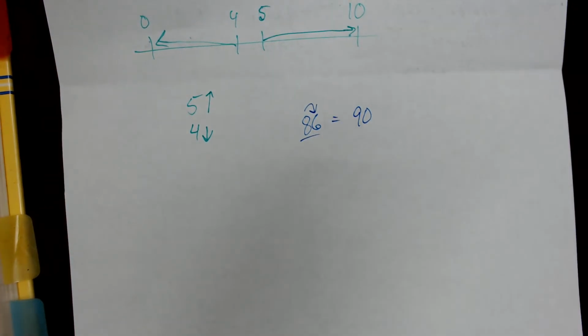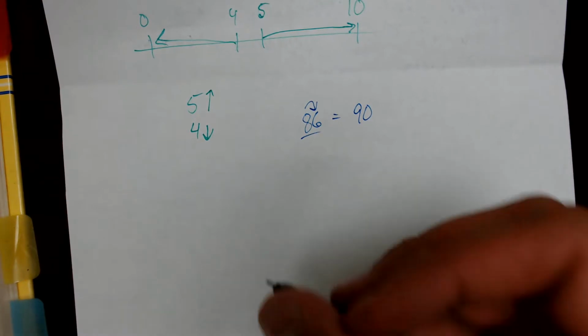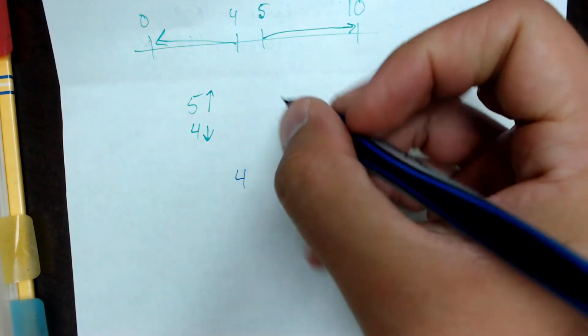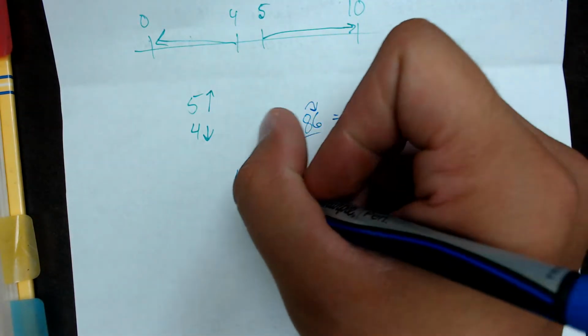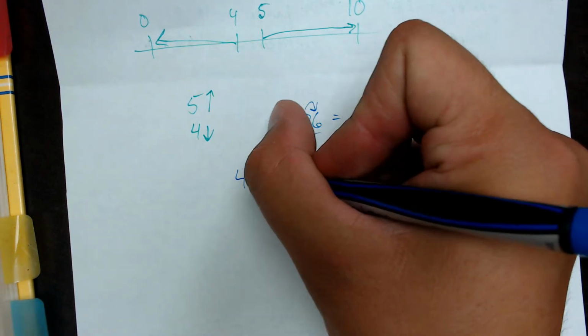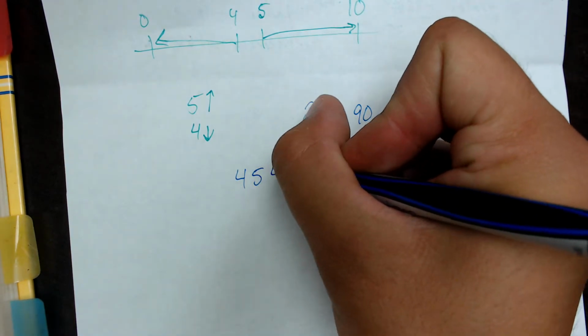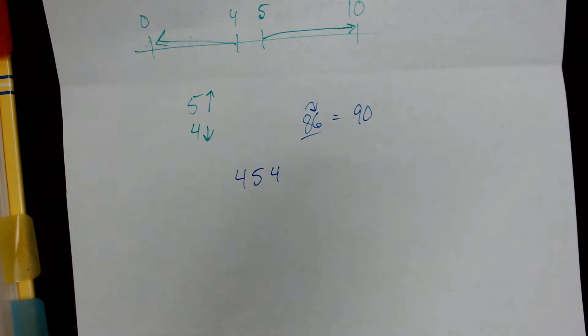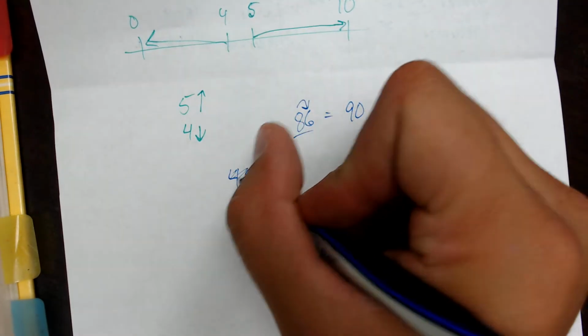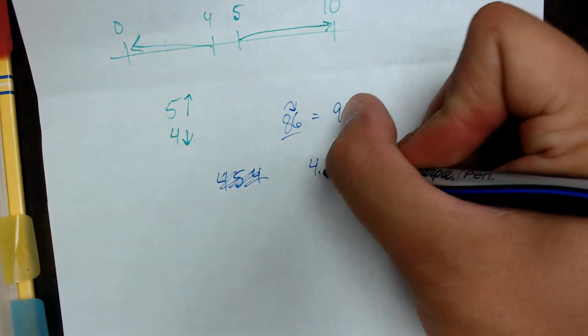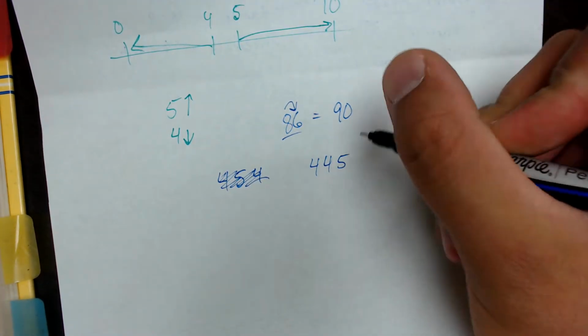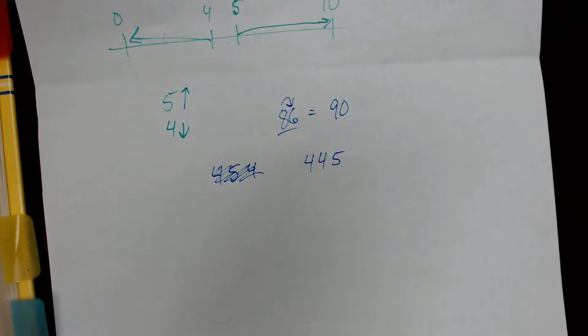Now let's try something else. Let's do hundreds place, right? So let's take the number 445, and let's round this number to the nearest 100.